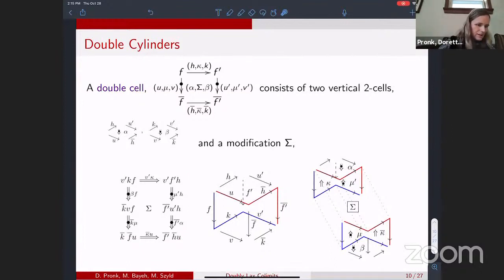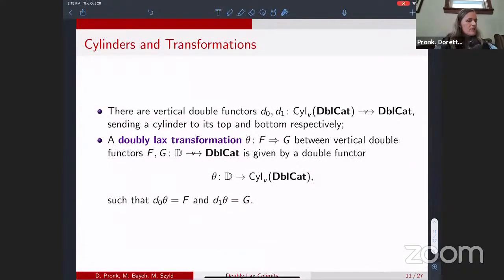And the red part here, I think that is the codomain, that's the red here, and then the blue part here is the original domain there. So now the vertical double functors simply take the top, take the bottom from the cylinder, and a doubly lax transformation is now given by a double functor from D into this double category I just described to you.